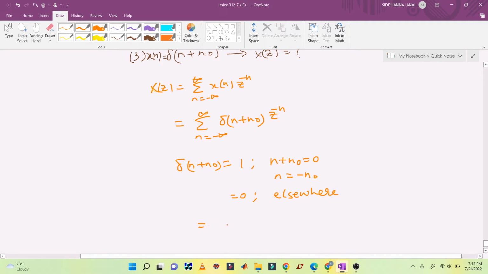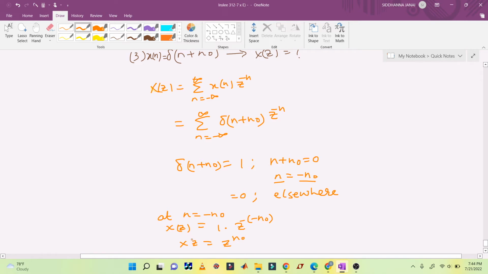So this summation reduces to, at n is equal to minus n naught, x of z will be 1 into z to the power minus into minus n naught. I am replacing n by minus n naught, so I will get z power n naught.